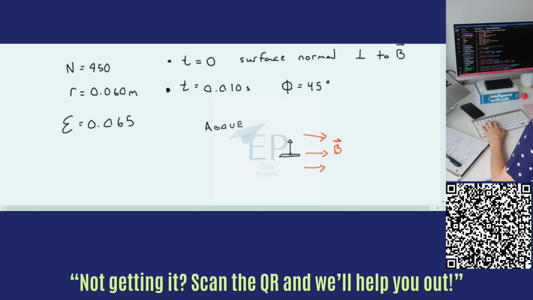And then what we're going to do is in 0.01 seconds, we're going to turn it by 45 degrees. So if this is the initial setup here, we'll end up with something like this, where there's our loop from the above view, where its normal now points like this, and the B field is still in this direction.